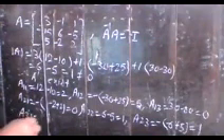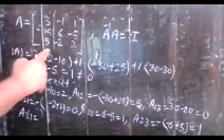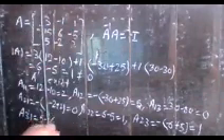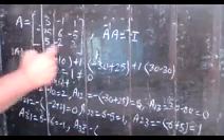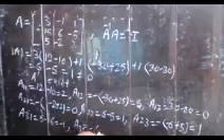Now A31, eliminating third row and first column: 5 minus 6, which is minus 1. A32, negative sign, eliminating third row and second column: minus 15 plus 15, so that is 0.